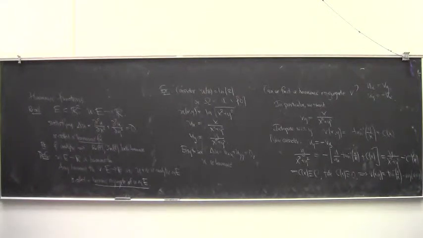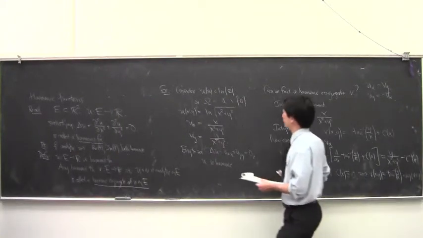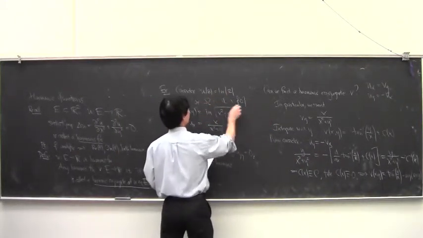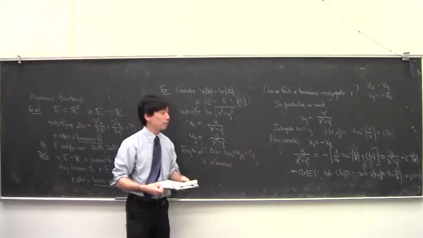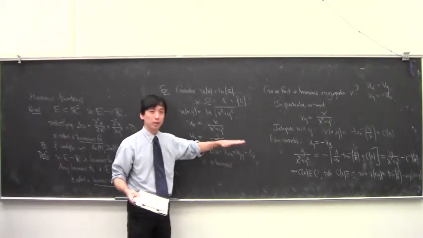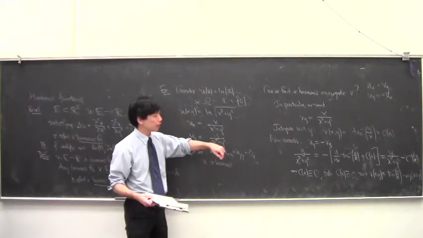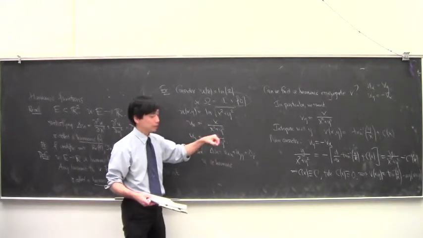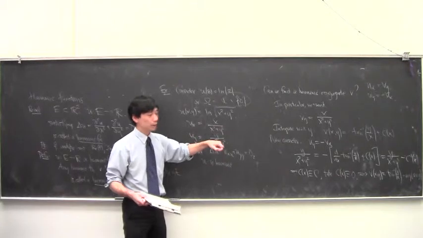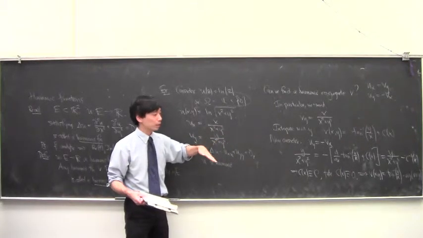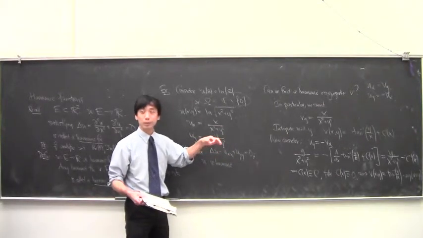So that would work, but we can't use that as the harmonic conjugate on all of omega, because that function isn't continuous on all of omega. As we go around the circle, when we come back to the original point, it gives you the argument plus 2 pi.